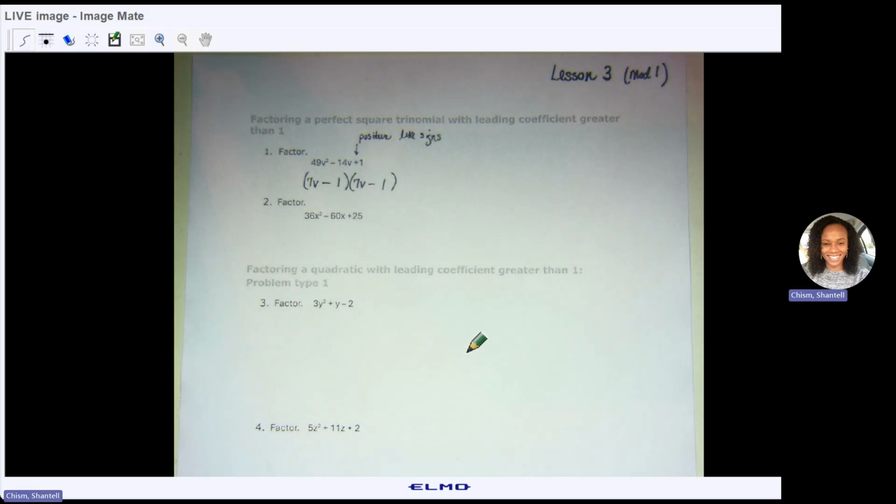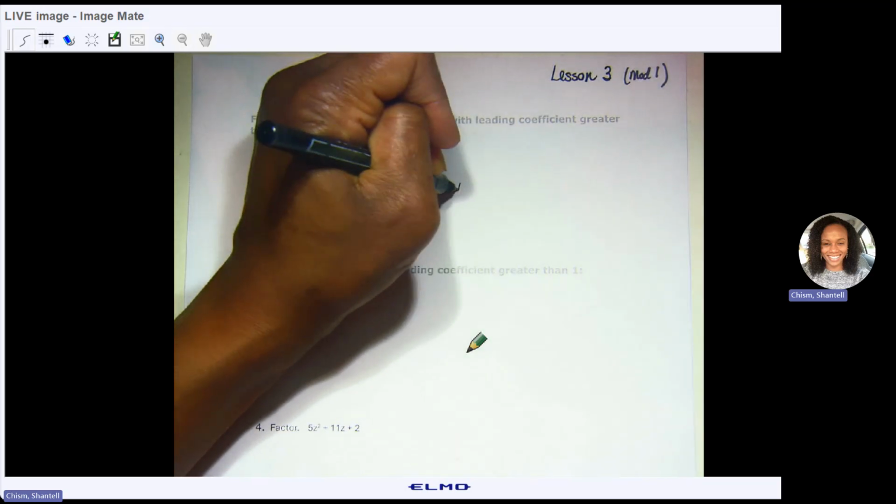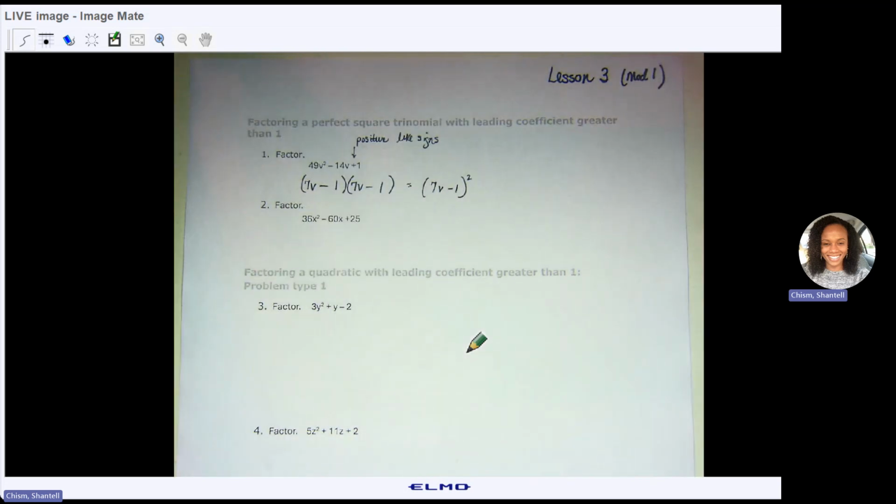And there's your factorization. They may want you to simplify this and express it as 7v minus 1 squared. It is possible that they want you to write it using one binomial factor and then square it, because they are the exact same.